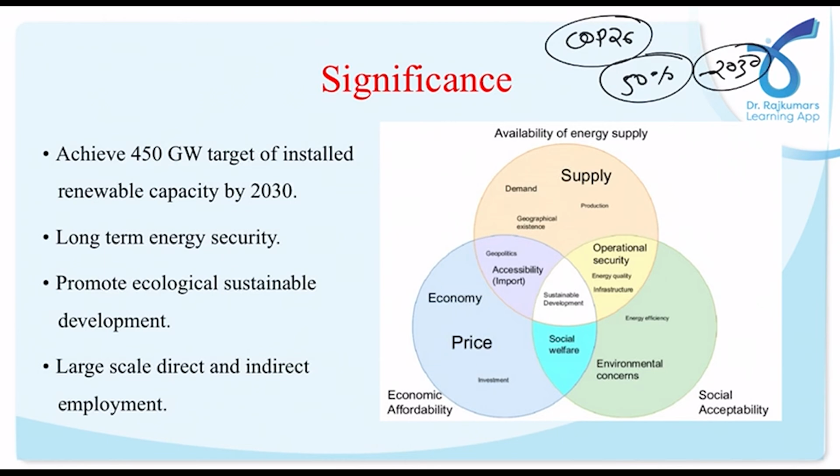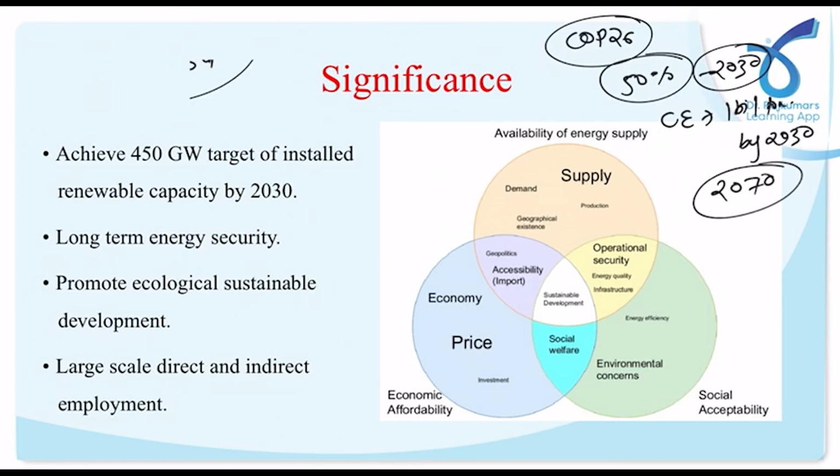Also, it will reduce carbon emissions by 1 billion tons by 2030. Again, India aims to become carbon neutral or net zero emission by 2070. And it has also increased its commitment to install renewable energy capacity up to 500 gigawatt.